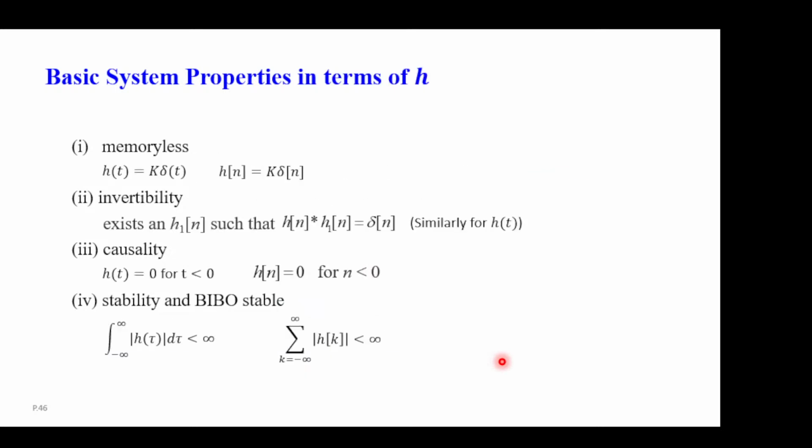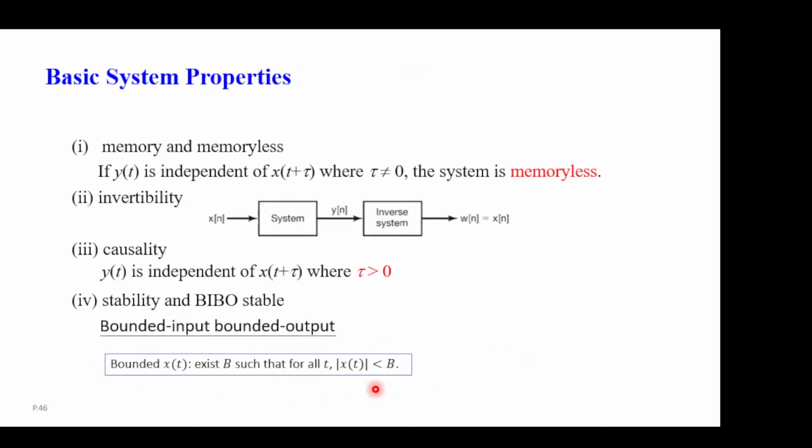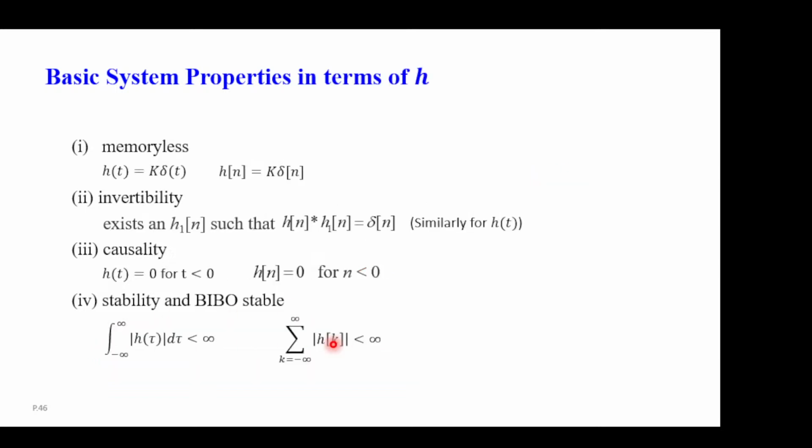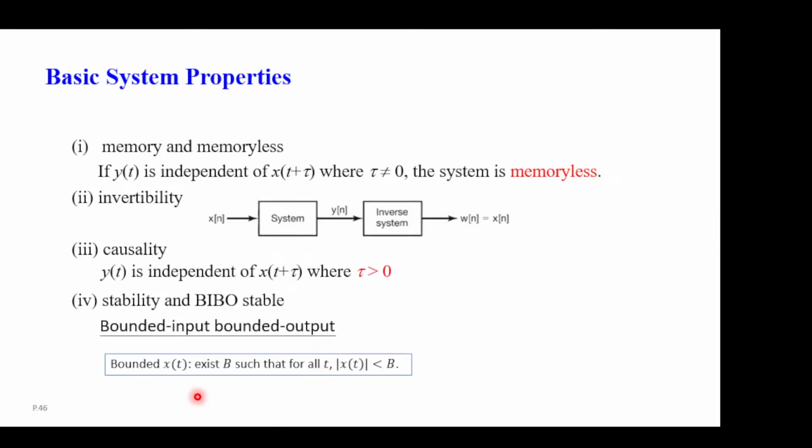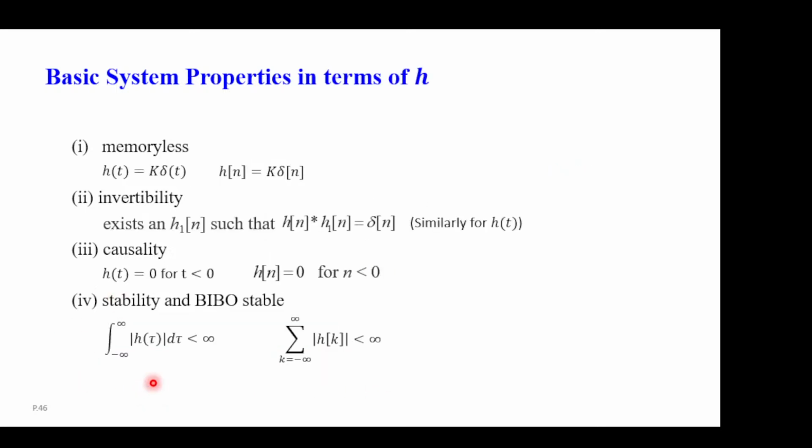And once again, this is a little confusing, so don't confuse the bounded input, bounded output with the absolute integral of h of t, or h of k, or h of n. Although they are both describing stability, what's important is you don't mix up the meaning of bounded and the meaning of absolutely integrable.